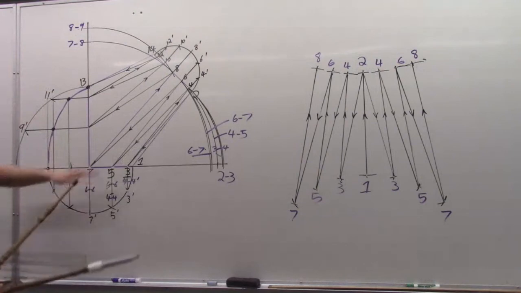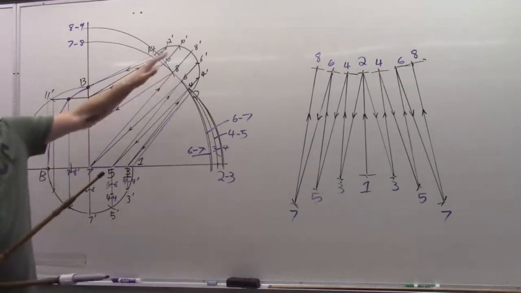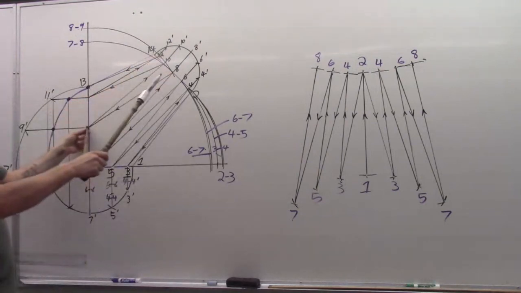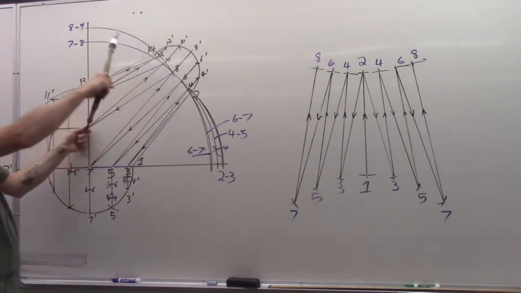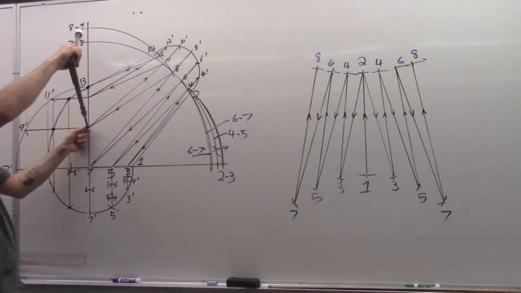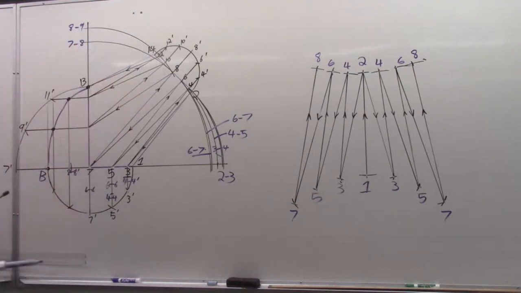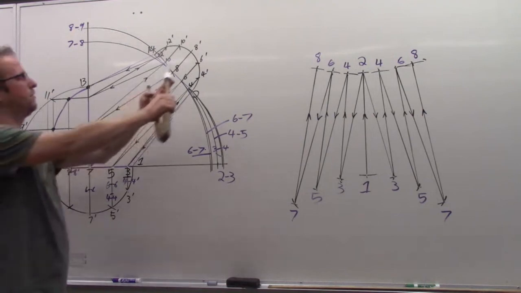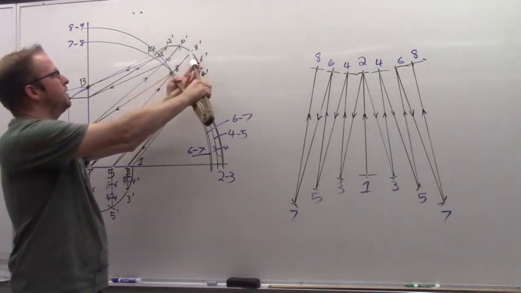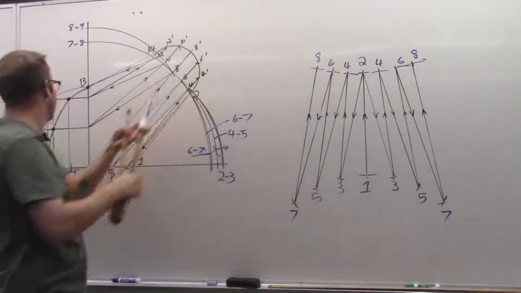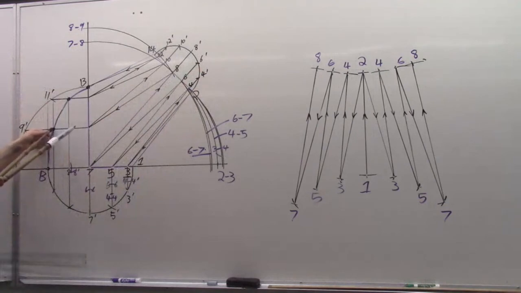For that one, because I've gone to 8 and I'm trying to get from 8 to 9 now, I've got to go to 9 and swing 8 over and up. Now from 8 to 8 prime, I'll bring that over to here.